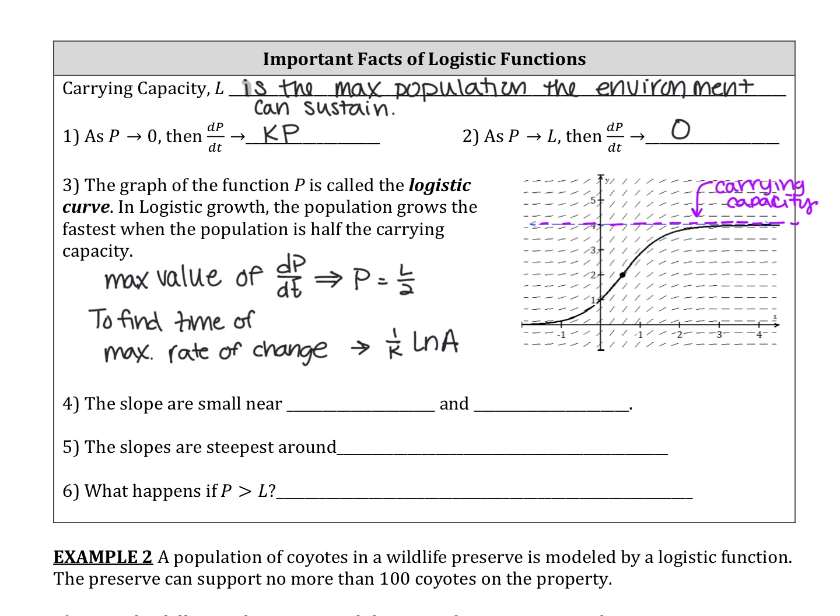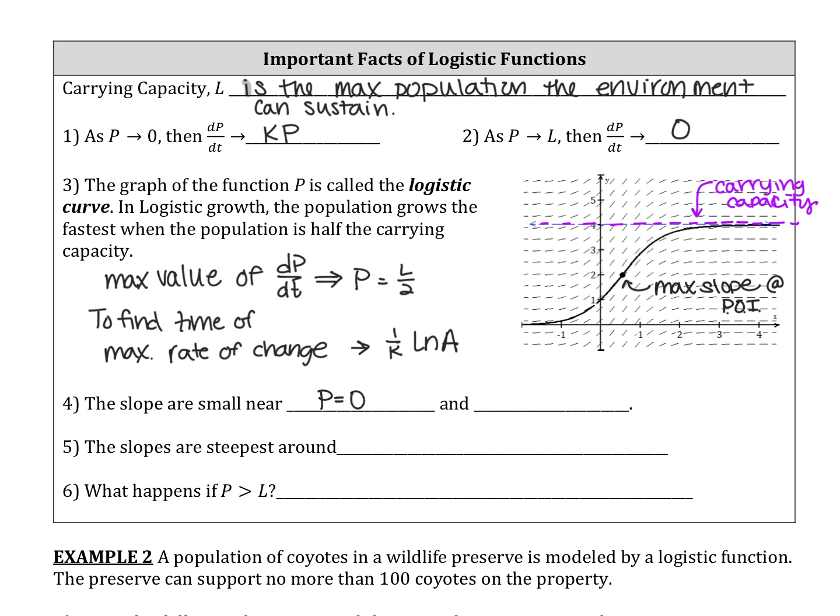Now, this max slope is when the population is half of the carrying capacity. And this max slope is going to be at a special point, our point of inflection. The slopes of a logistic growth curve are small near two places.